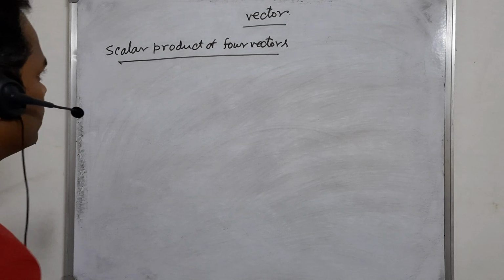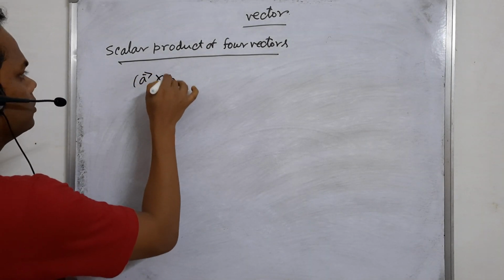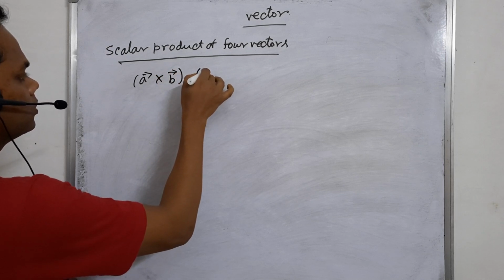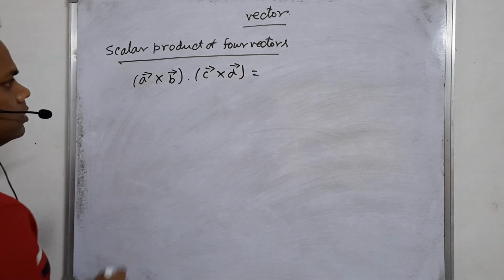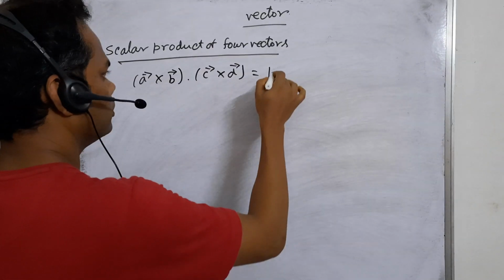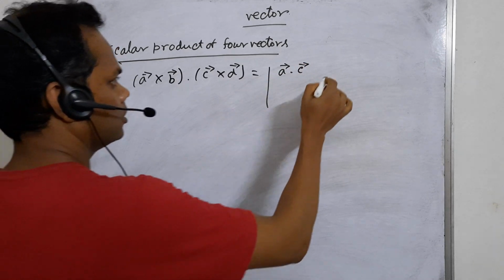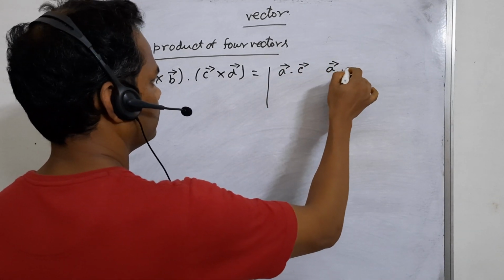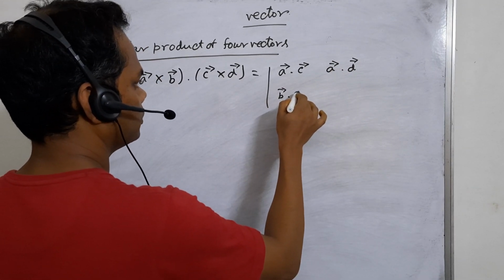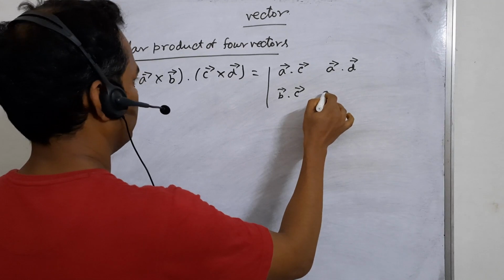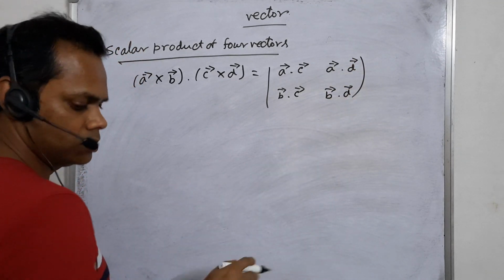Now the scalar product of 4 vectors. So A cross B dot C cross D. This is the determinant of A vector dot C vector, A vector dot D vector, and B vector dot C vector, and B vector dot D vector.